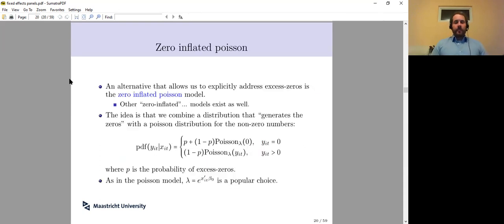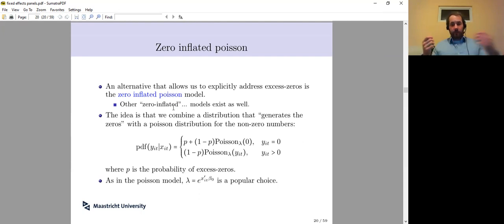Finally, particularly when we have excess zeros, so when the data behaves pretty much like a Poisson model for everything that is above 0, but we have far too many zeros in order to fit a Poisson model, we can fit a zero-inflated Poisson. And the same idea is applied with many other models as well. So here we only do a very rough sketch. The idea is that we have one distribution that generates the zeros.